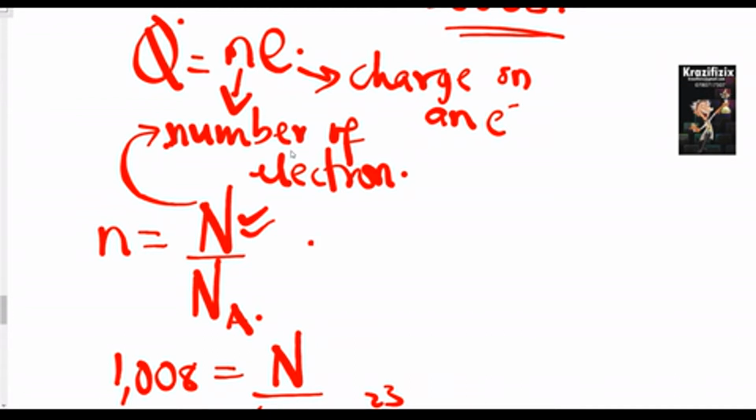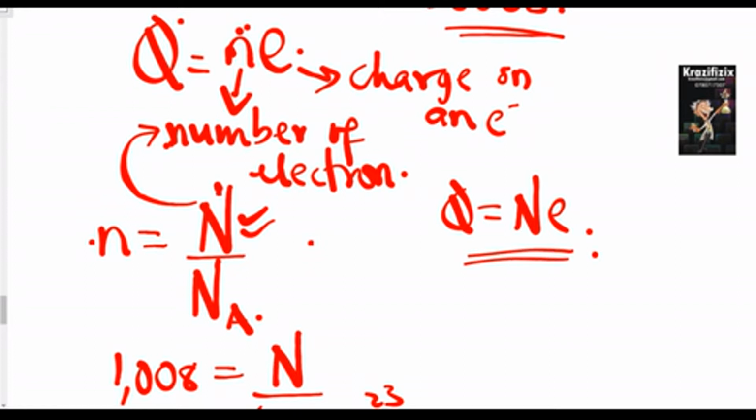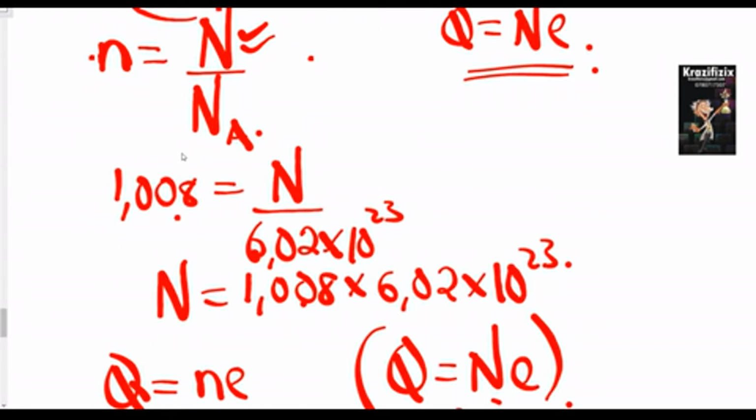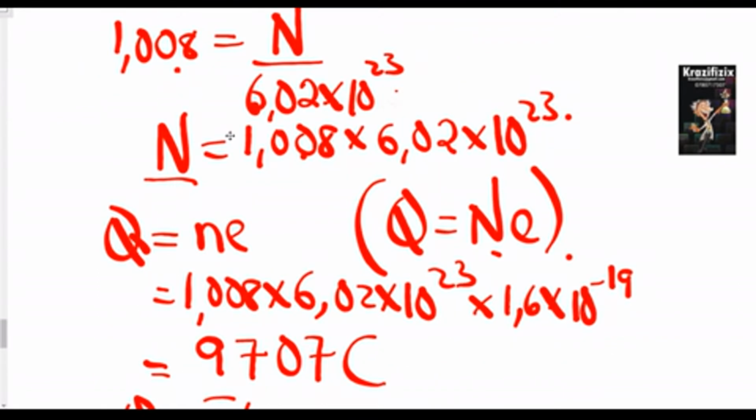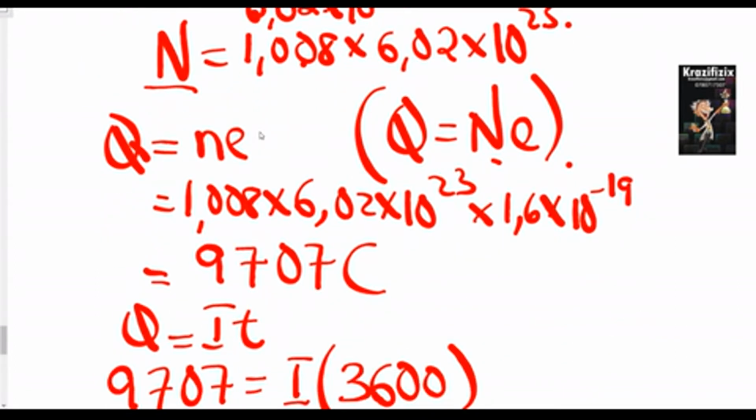Please, let's be careful with this capital N and the small n. They're quite different. This capital N is this, right? It should have been better if we had it this way to create clarity. And this is the number of moles, which we got as 1,008. Avogadro's constant, and then we get the number of electrons. Actually, it's called the number of particles, if you remember your grade 10.